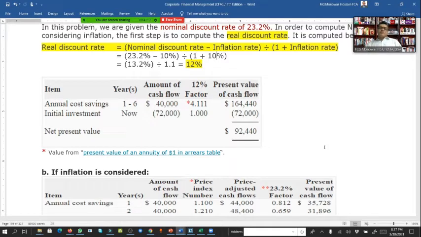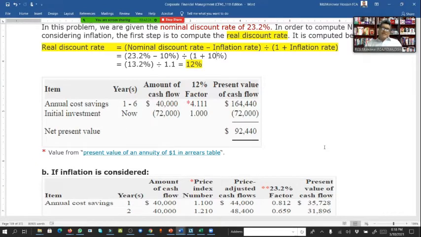So we calculated the real discount rate from the nominal discount rate. The real discount rate is 12%. For this 12% PV factor, if we see the present value annuity, then in year 6 it comes to 4.311.